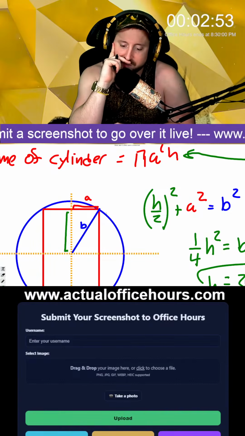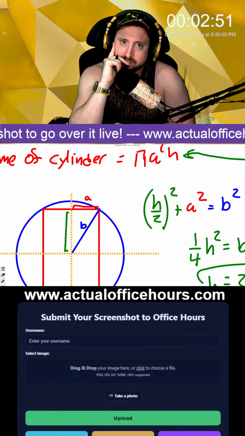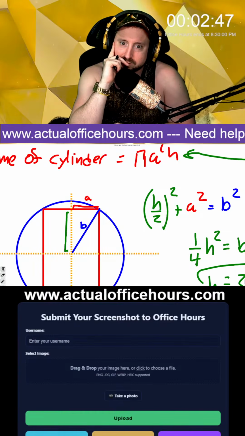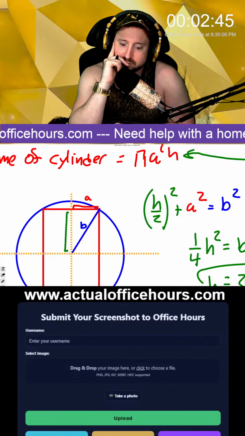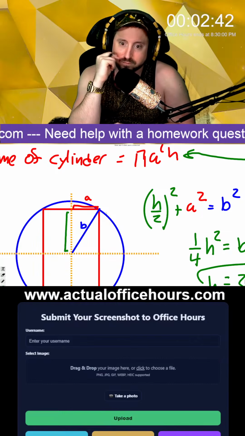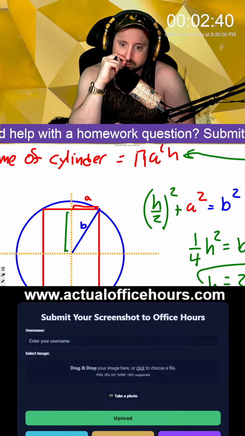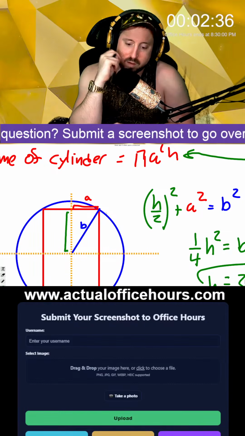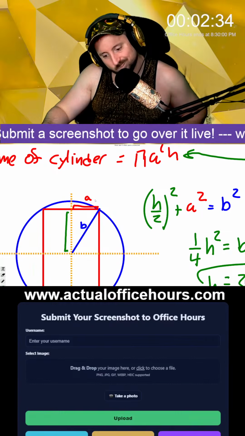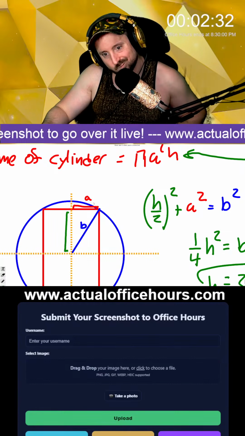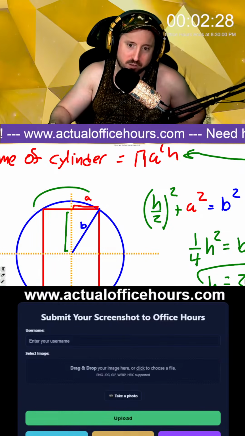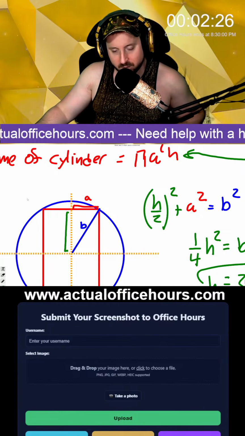How am I going to find that area at the top? That volume at the top? I wonder if I want to do like a spherical integral here.